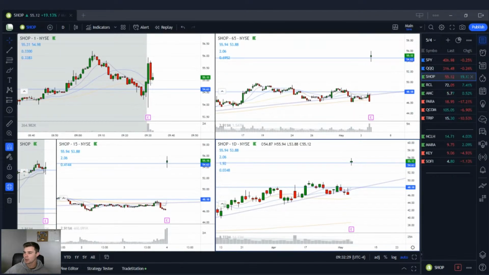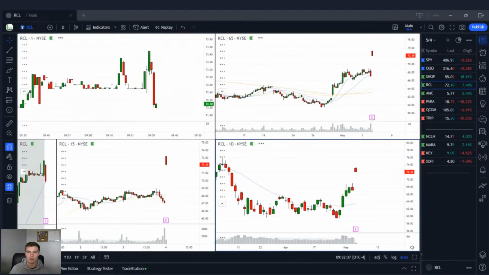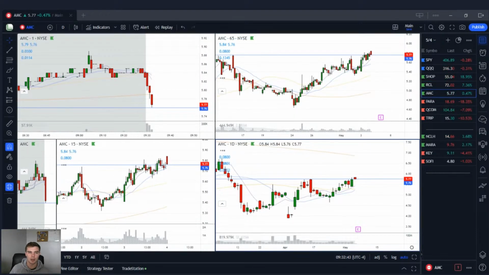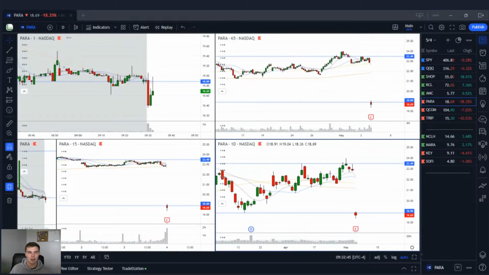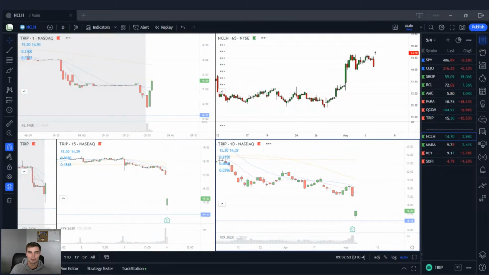I don't see much else on my list doing stuff I like. Shopify, I mean, Shopify's already put in a wide range day. It might be tough to trade that one with that big gap up like it had. So RCL pulling in, AMC's pulling in, Hera is hanging out, QCOM's moving up, Trip moving up.